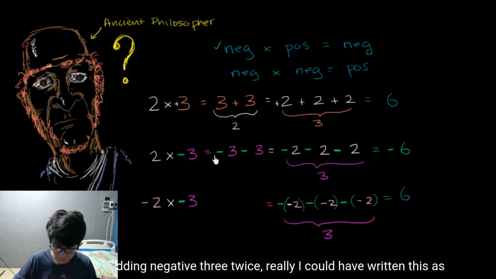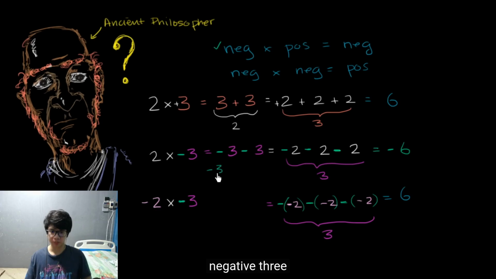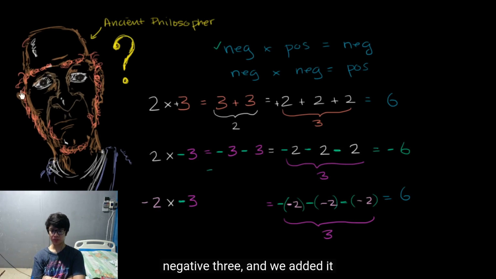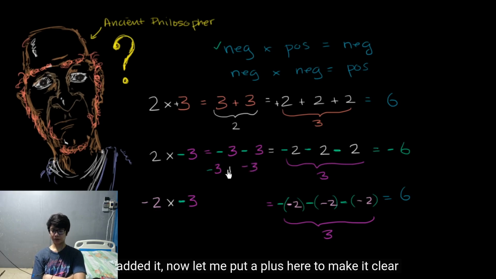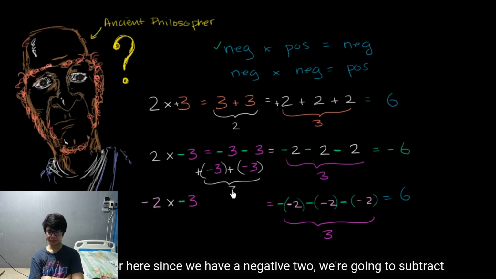You can use the same logic over here. Now, instead of adding -3 twice, and really I could have written this as +(-3), over here we added -3 2 times.